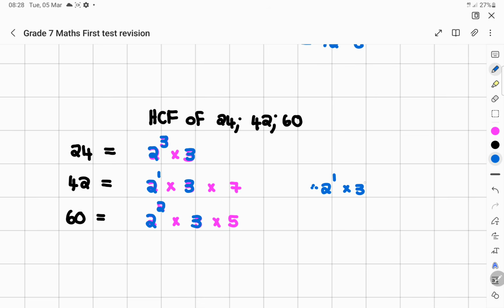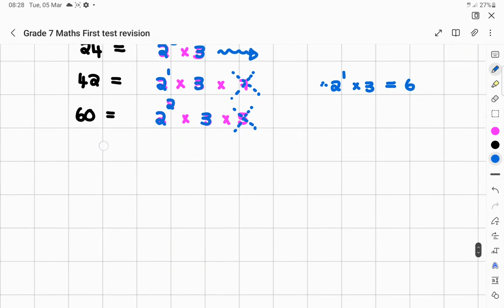So the lowest is to the power 1. Can you see that there's no 7, no 5 over there? So we are going to ignore these 2 numbers. We are not going to write them down as our HCF. And then 2 to the power 1 times 3 is 6. So the HCF, the highest common factor that we can take out from 24, 42, and 60, is 6. Okay, I hope that makes sense.